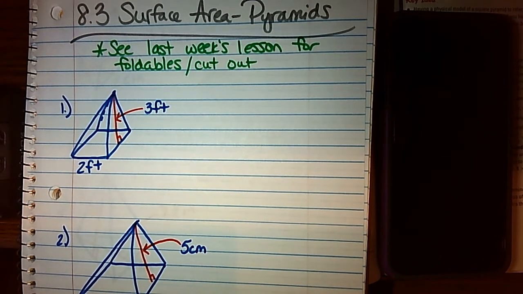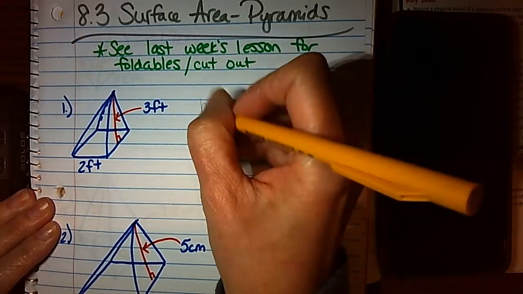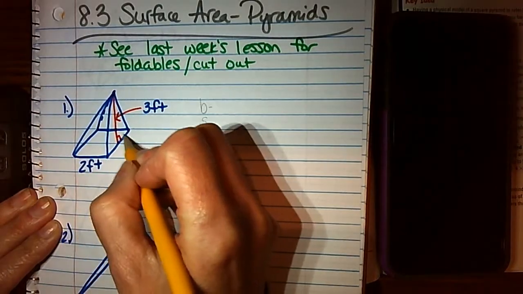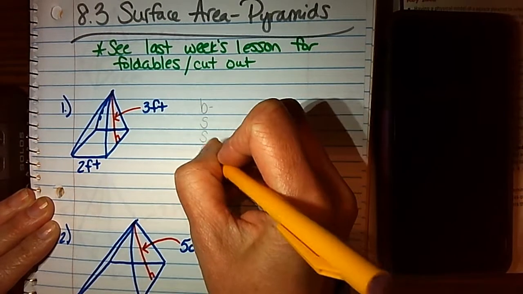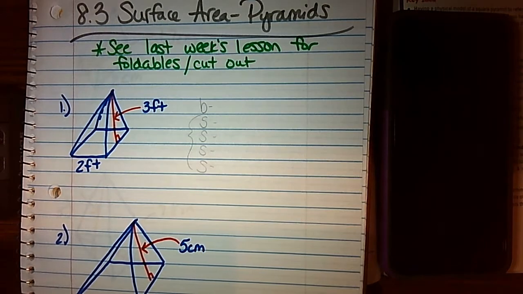Okay, so I always find the bottom first. So I'm going to put B for bottom, and remember, for a square pyramid, since there's 4 sides on the bottom, there are going to be 4 sides which are going to be all the same exact size.